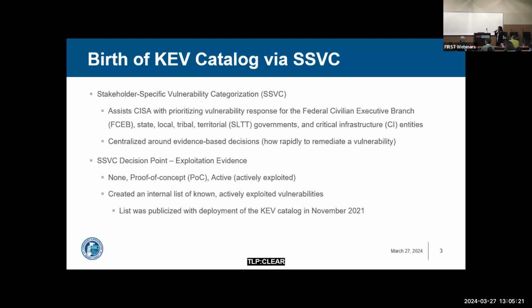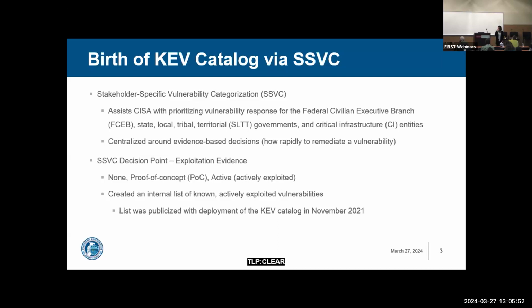We use SSVC in CISA to prioritize vulnerability response for the federal civilian executive branch, for state, local, tribal, territorial governments, and for critical infrastructure entities. SSVC is centralized, based on evidence, and uses decision points. One thing that I love about SSVC is that it can be customized to the stakeholder's needs.